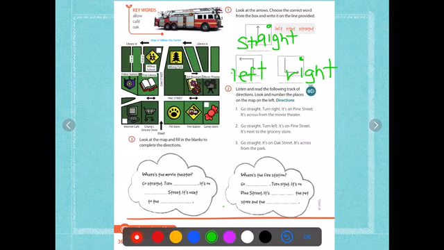Okay, so I hope that you guys have the same answers, that you guessed correctly, or that you found out the correct answers. Now, in activity number 2, you're going to listen and read following track directions and look and number the places on the map on the left. So you guys are going to listen to the track and number them as they are saying them in the track. You guys ready? Okay, let's do it.